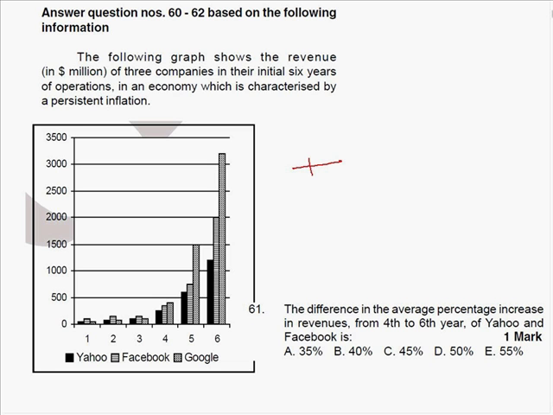This asks the difference in average percentage increase in revenues from 4th to 6th year of Yahoo and Facebook. So I have to take 4th to 6th year of Yahoo from here to here, and then the next one from 6th year, that is Facebook, and that is Yahoo.